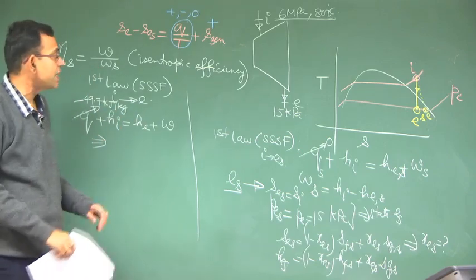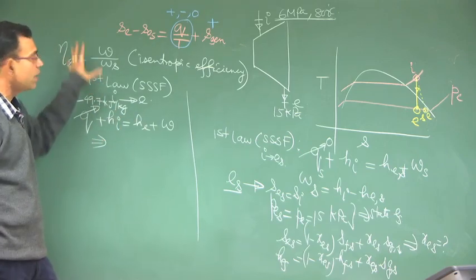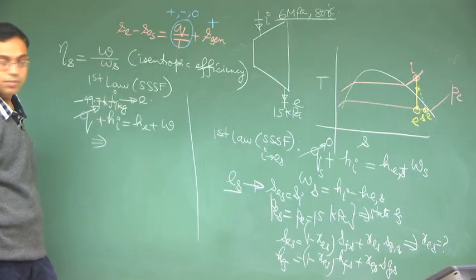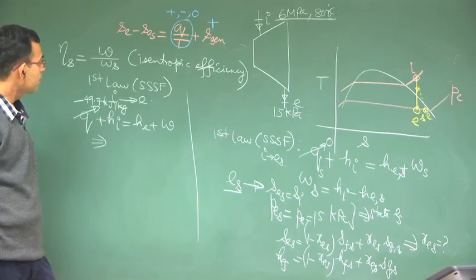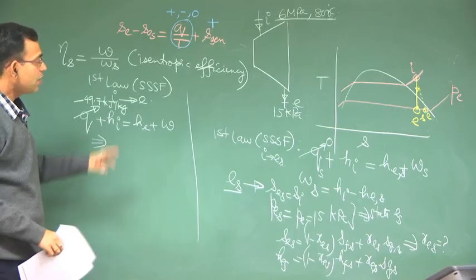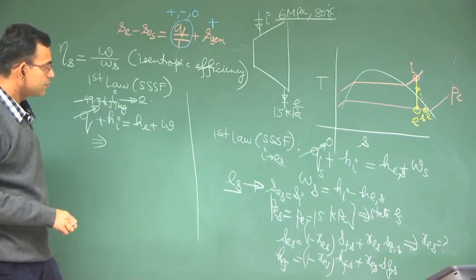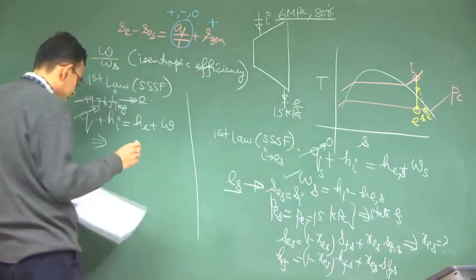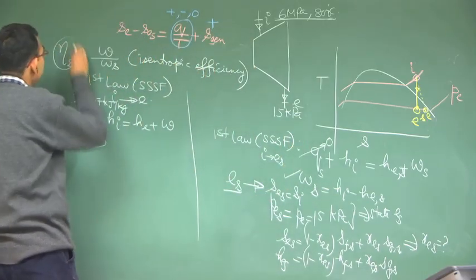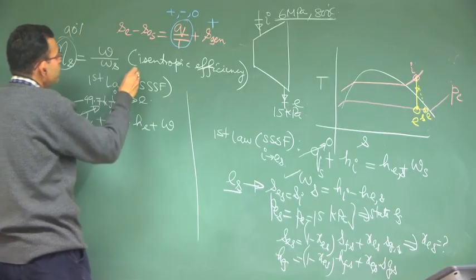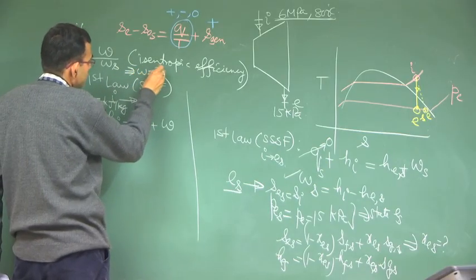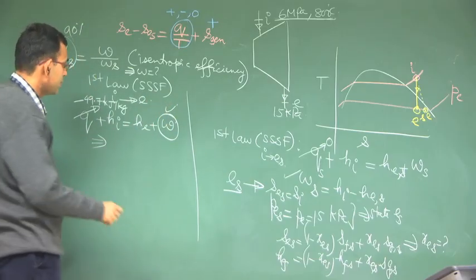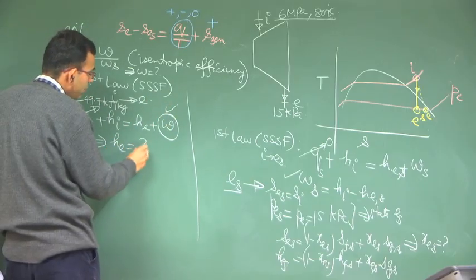This is the definition of isentropic efficiency of a work producing device, where the actual work is less than the reversible adiabatic work. Because you know what is Ws, by substituting in this formula, and isentropic efficiency is given as 90%, from this you know what is W. You substitute that W here. Once you substitute that W here, you get what is HE.